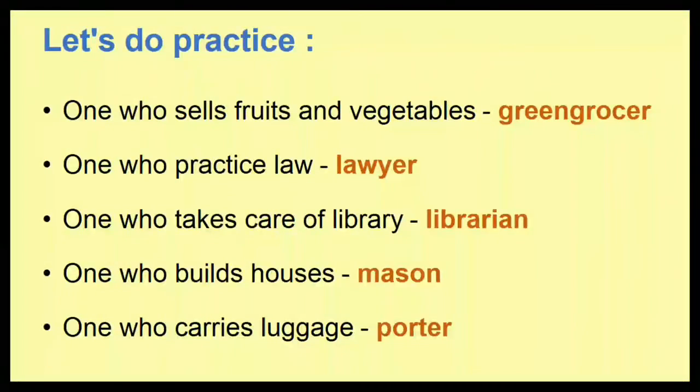So, dear students, to understand it better, let's do some practice. Here, I will read the phrases and then I will read out the one word which we can use instead of that phrase, right? One who sells fruits and vegetables.